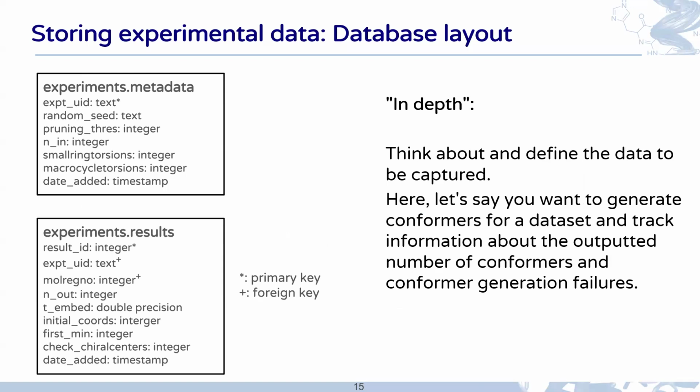And if I'm tracking additional information like the number of conformers that I outputted, or information on the failure and how long it took, I would have extra fields for the time it took to embed and, for example, the initial coordinate training. But if you first started out in the JSON, you could introduce or add these columns later on and still keep your JSON from the original ones. So you don't have to come up with the perfect schema in the beginning.